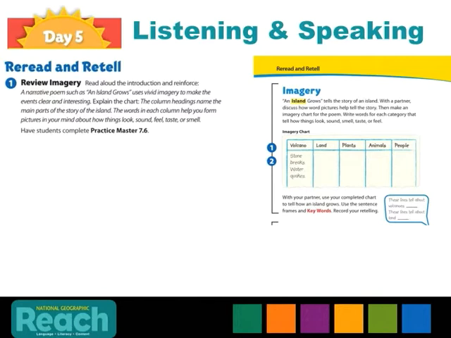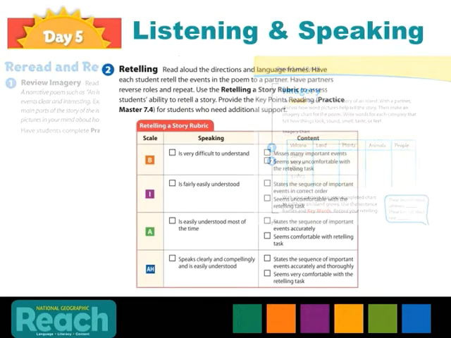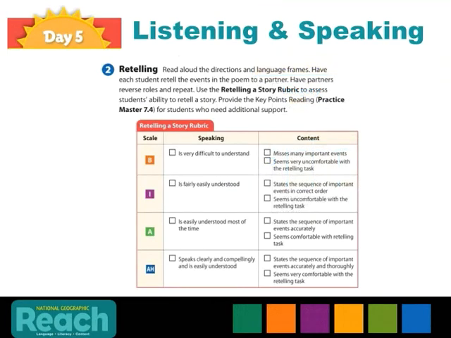On Day 5, this is also the first time students will be rereading and retelling the story. Each student will retell the events from the reading selection to a partner, and then they will reverse roles and repeat. As you can see here, you will use the Retelling a Story rubric to assess students' ability to retell the story. Notice that this rubric is differentiated for beginning, intermediate, advanced, and advanced high students.